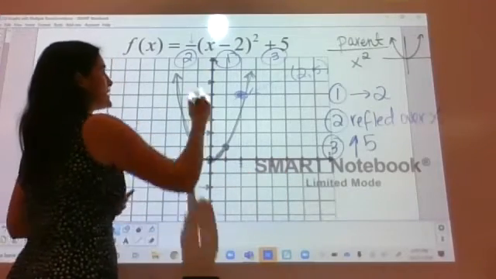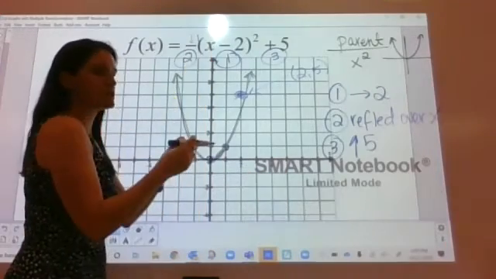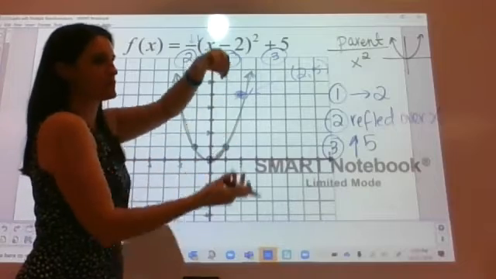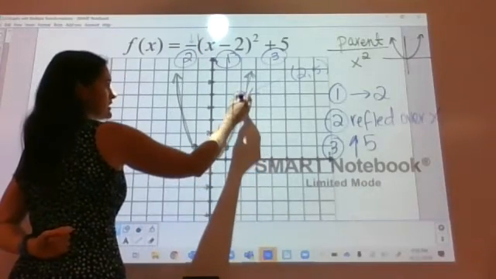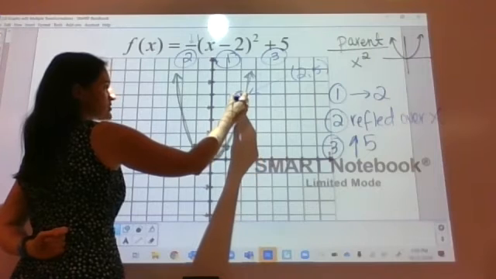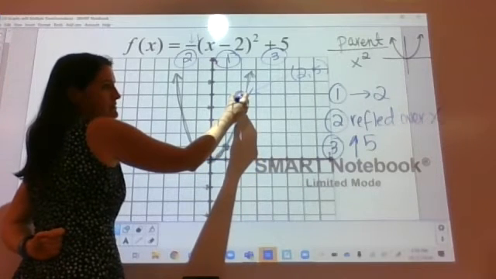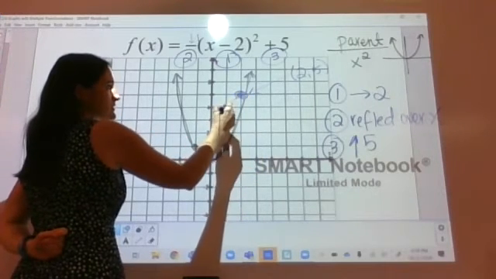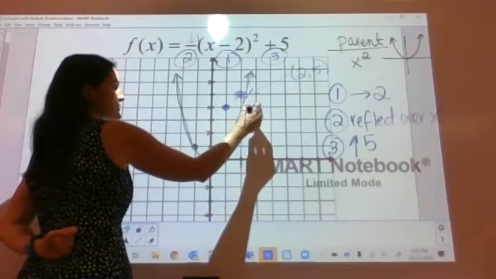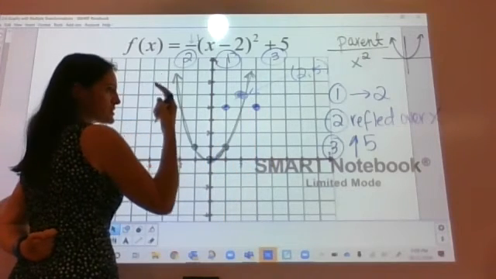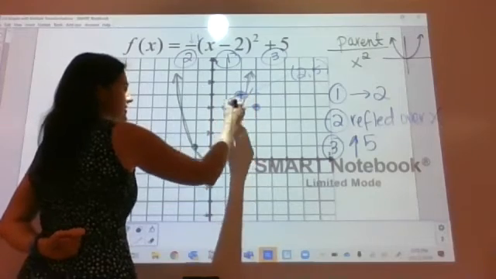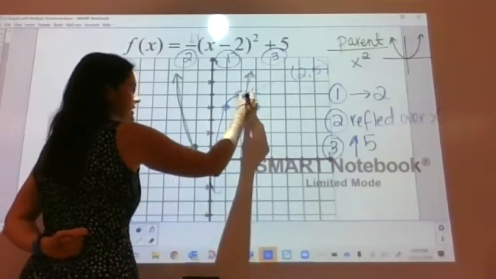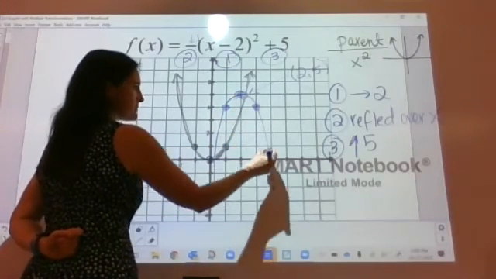And I know that there's no A value here to change if it's being stretched or shrunk. So since I know it's going to be facing down, going the opposite way, I can just do my 1, 1 points. 1, 1, 1, 1. So it's like this is my new origin, my new 0, 0, and it's facing the other direction. But the pattern of the points and the symmetry stays the same.